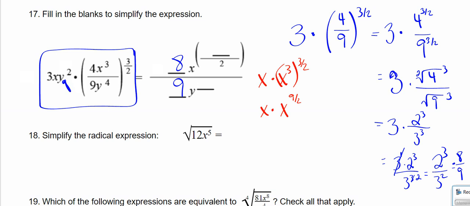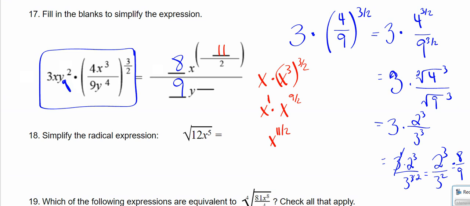So what is x to the 1st times x to the 9/2? Well, we're going to add those exponents, which means we need a common denominator, and 1 is just 2 over 2, so this is going to be 11 over 2, which goes right there. And fractions, different people have different levels of hatred for them, so use a calculator. Make sure you get those things right.